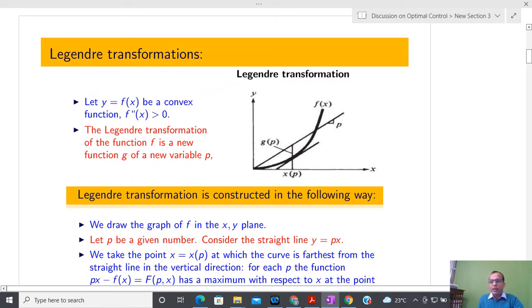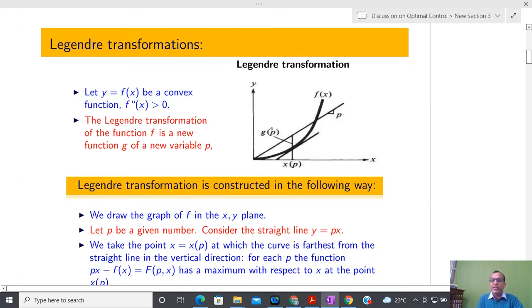In order to understand this particular transformation, first assume that you have some kind of function, y equal to f(x), where x belongs to the one dimensional real line, and the corresponding function y is also a real valued function that belongs to R. Due to that, I am able to plot this function in a two dimensional plane.